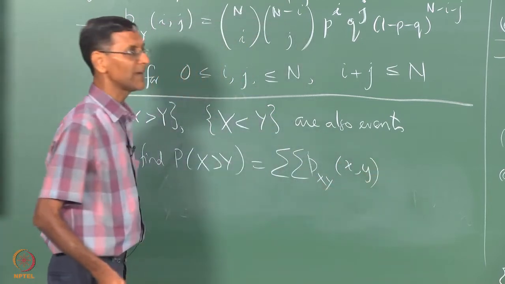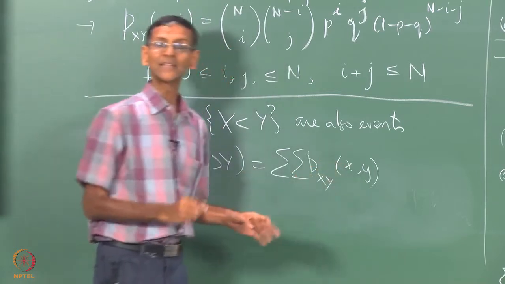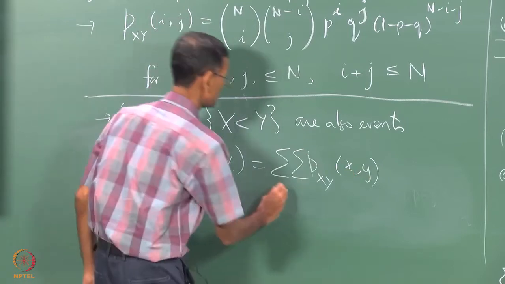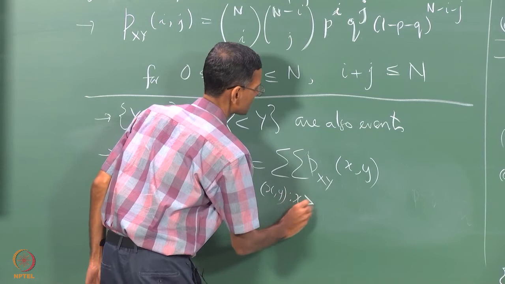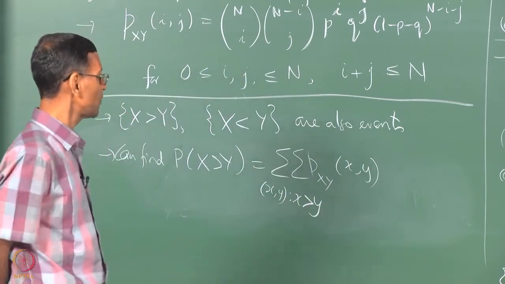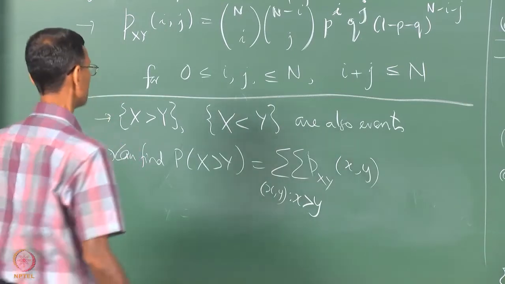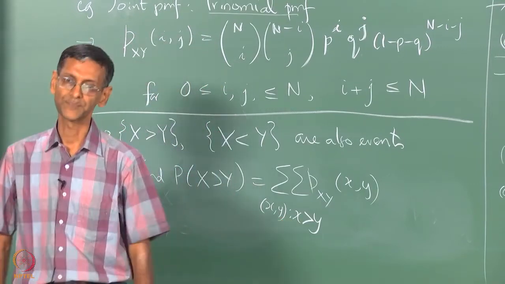I have to sum P(x,y) over (x,y) such that small x is strictly greater than y. So you have to add over all points in omega xy that give you non-zero probabilities, and all those points where the x coordinate is bigger than the y coordinate.